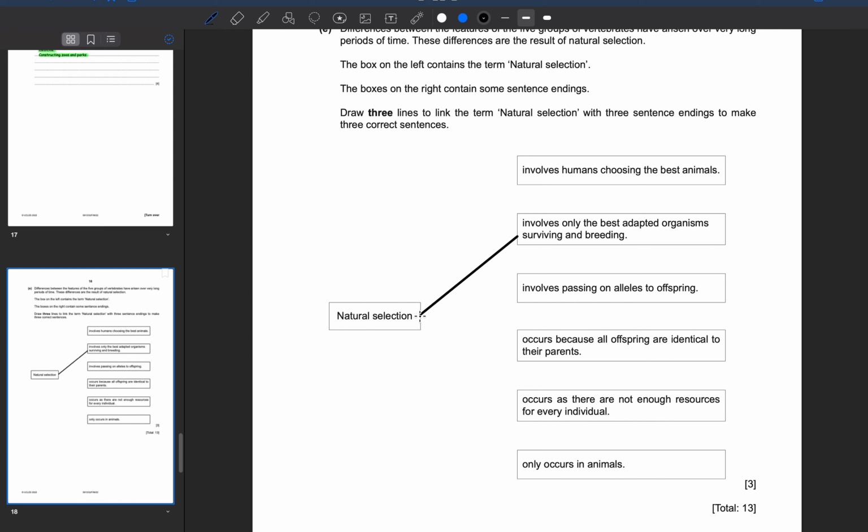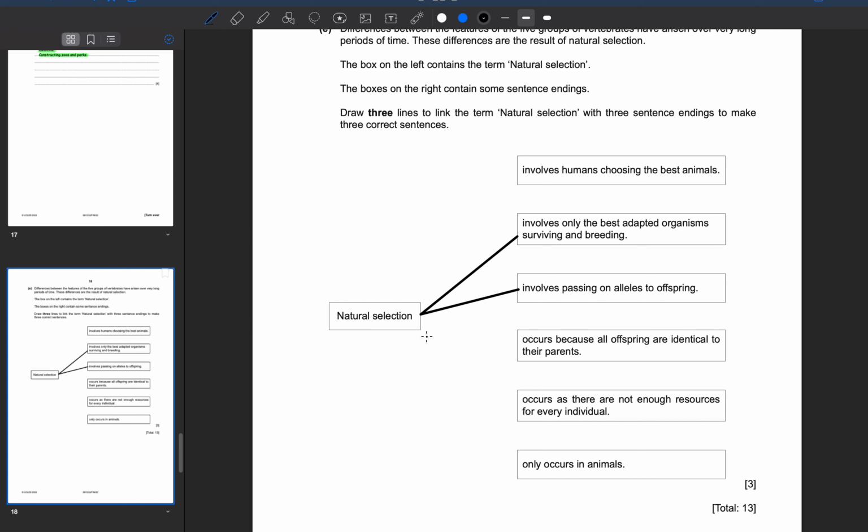Okay. The next one, involves passing on alleles to the offspring. Yes, this is another one. The alleles of the desired feature are passed on from one generation to another. The next one, occurs because all offspring are identical to their parents. No, not all of the offspring are identical to their parents.